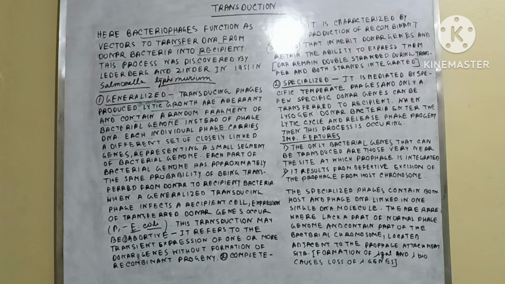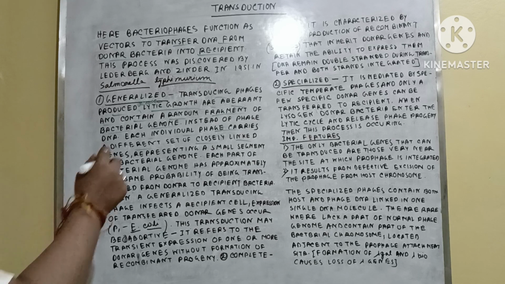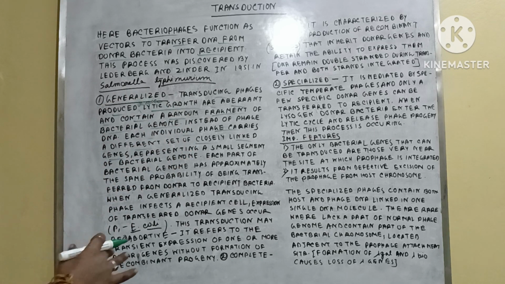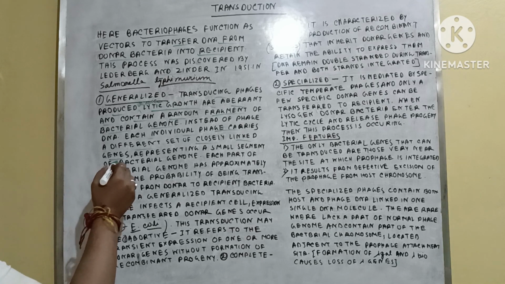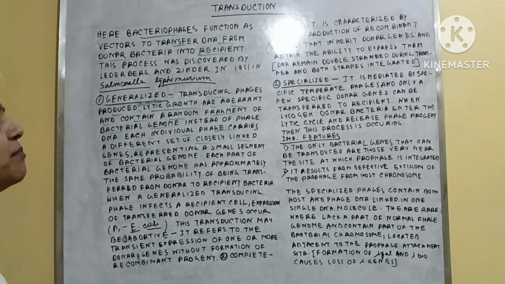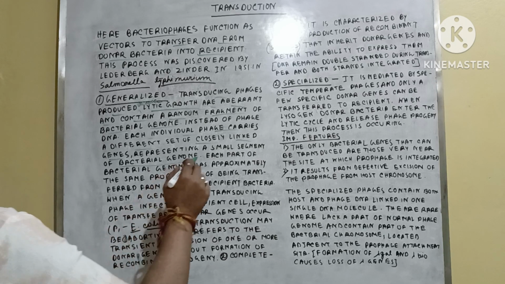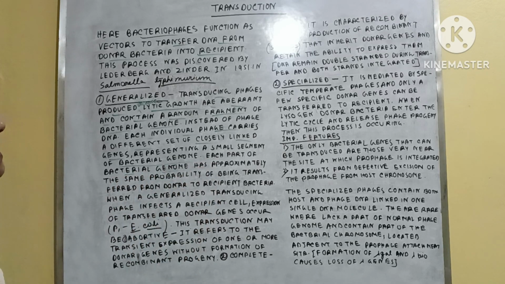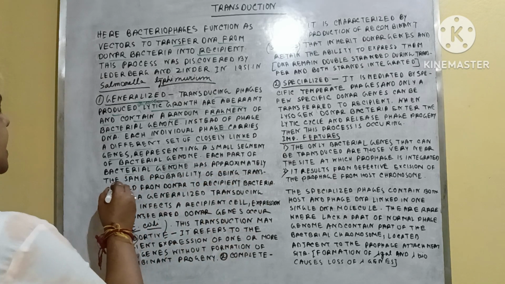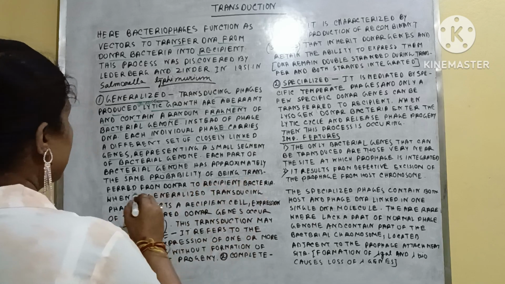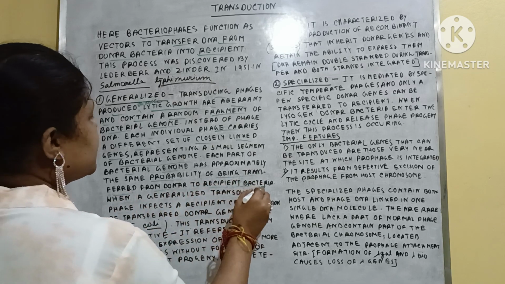So this process occurs only in the presence of lytic growth, and the phage carries the bacterial DNA, in simple words the bacterial genome is present within the phage. No phage DNA is present here. Clear?